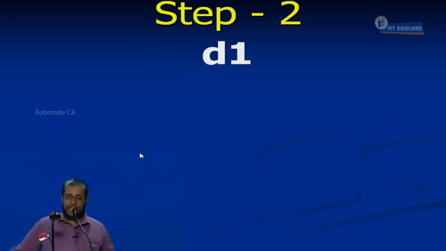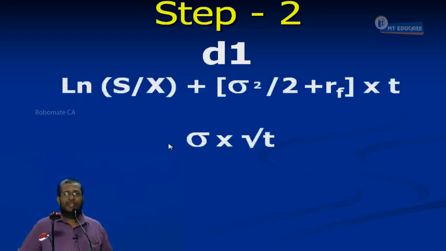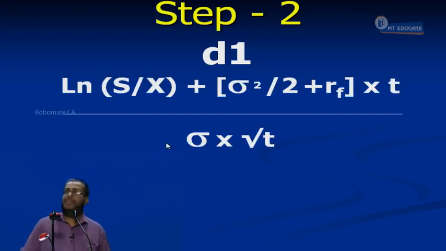D1 formula: ln of S by X plus sigma squared by 2 plus Rf into T, whole divided by sigma into square root of T. By the formula, D1 is equal to ln of S by X plus sigma squared by 2 plus Rf into T, whole divided by sigma into square root of T.